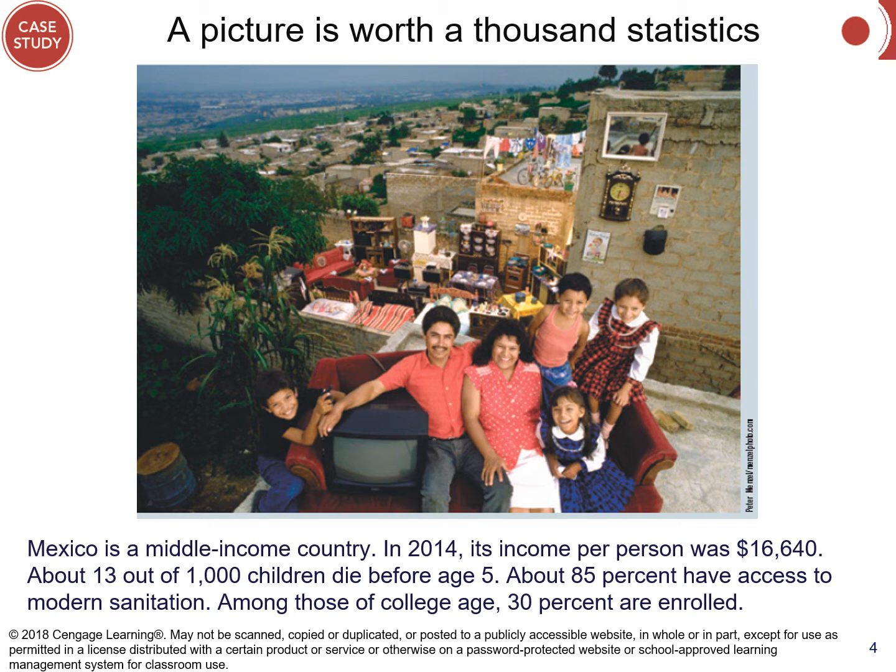It says 13 out of 1,000 children die before age 5. About 85% have access to modern sanitation. Among those of college age, 30% are enrolled. These measurements are a good way to measure the standard of living.